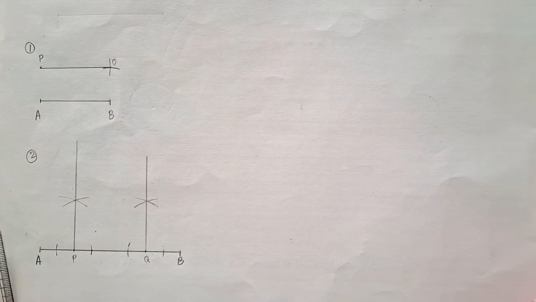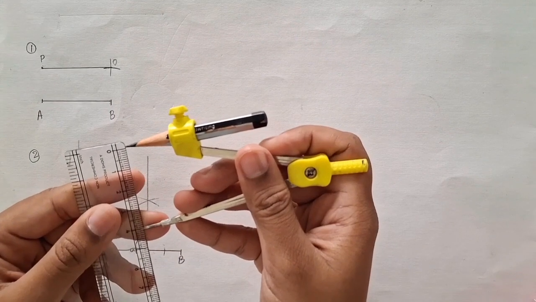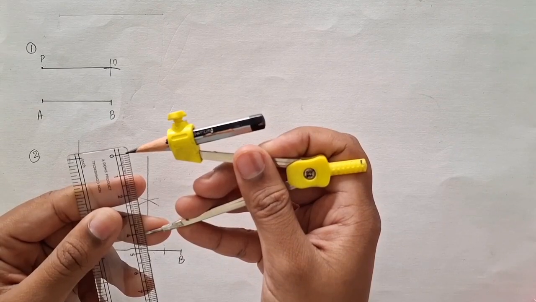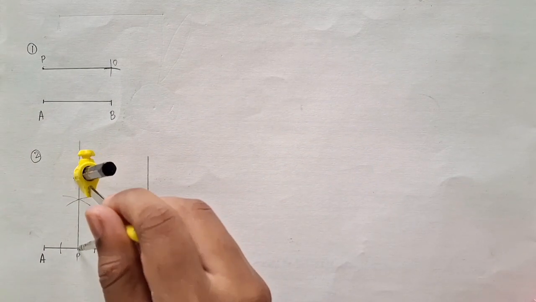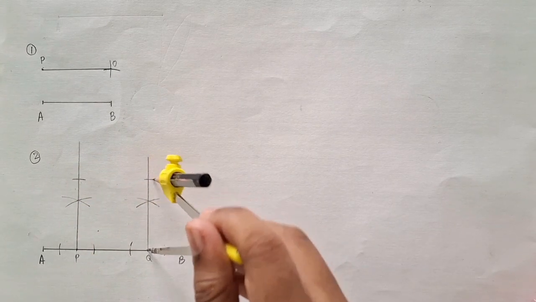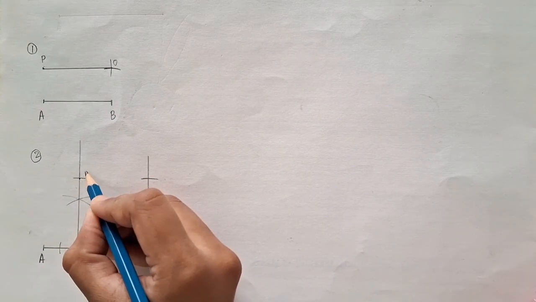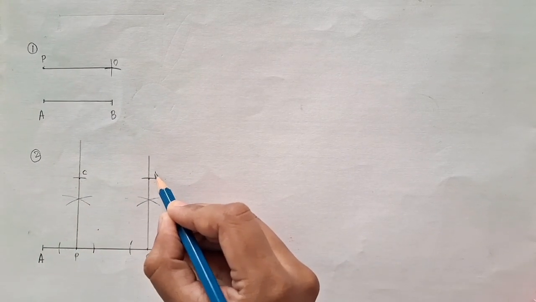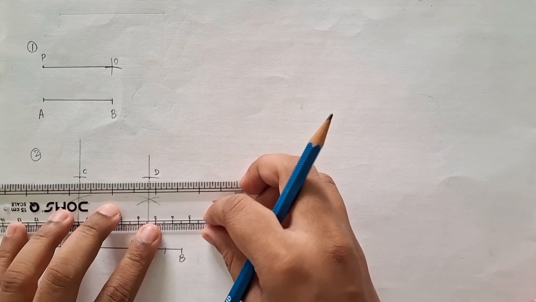Now as they have mentioned in the question that we need to draw a line parallel to AB which is 4 centimeter away from it, I will take a radius of 4 centimeter. I will keep it on point P and cut the perpendiculars from point P and Q. Now these are the new points C and D. Name every point as you make them.